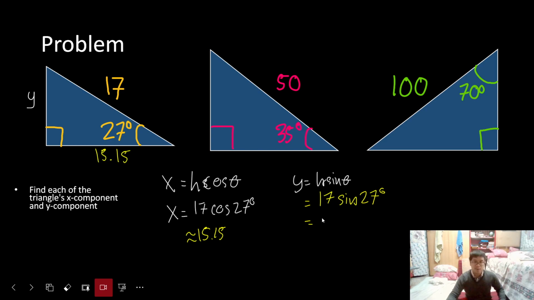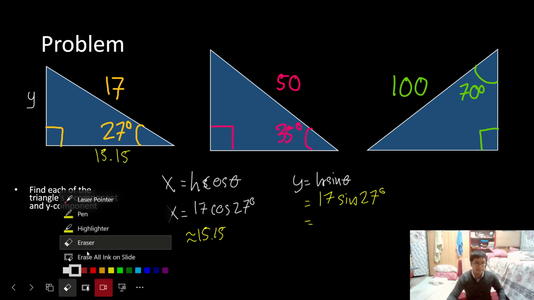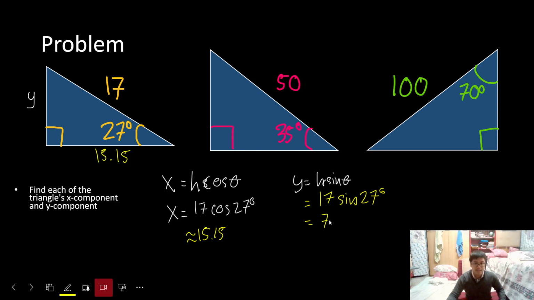Approximately, in 2 decimal places, this is 7.72 units. So your y here is 7.72 units. That's it. Now, how about the middle right triangle?